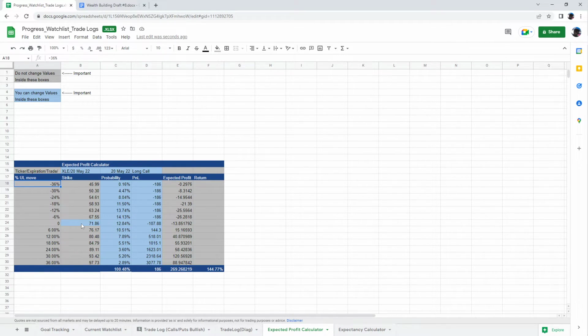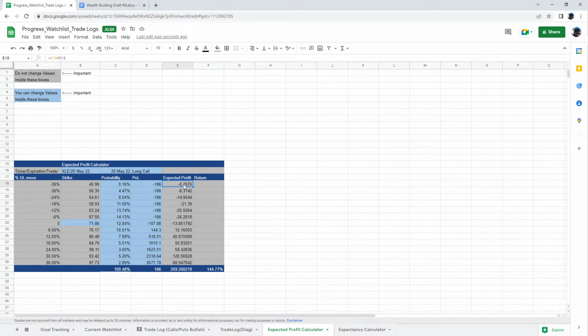I was just going to say I think in this case you use percentage of profit instead of percentage of underlying. Correct. How are you calculating it? What's the formula for expected profit on your sheet there?